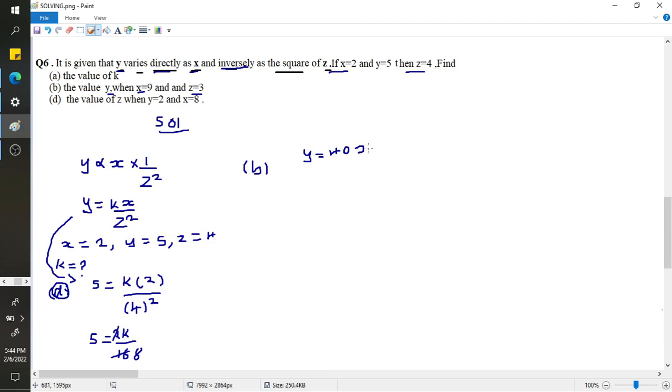So we had 40x over z squared. So we want to calculate the value of y. You can go back to the question and check what is the value of x. The value of x is 9, right? So we substitute.